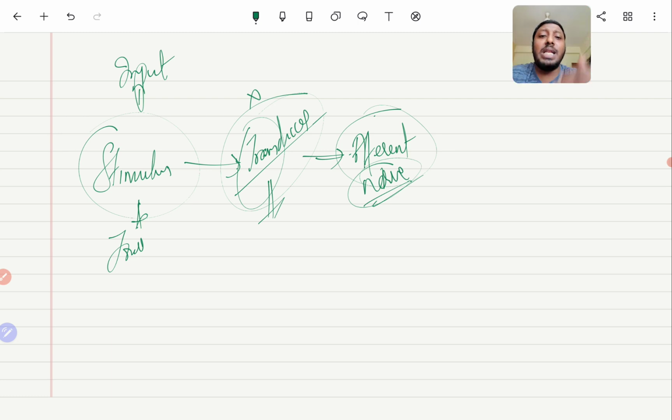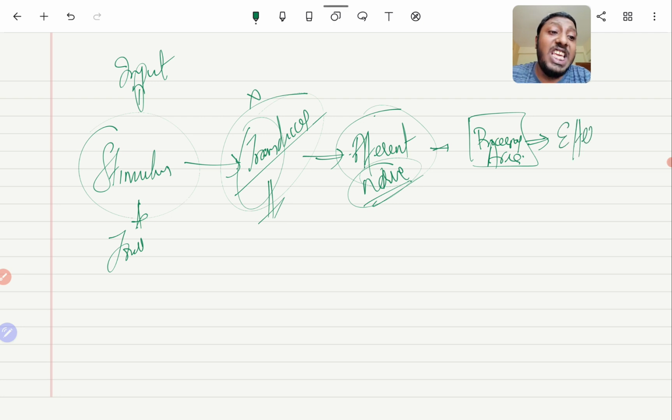Then there is a processing area, and this is processed, and the motor instructions are carried by the efferent.